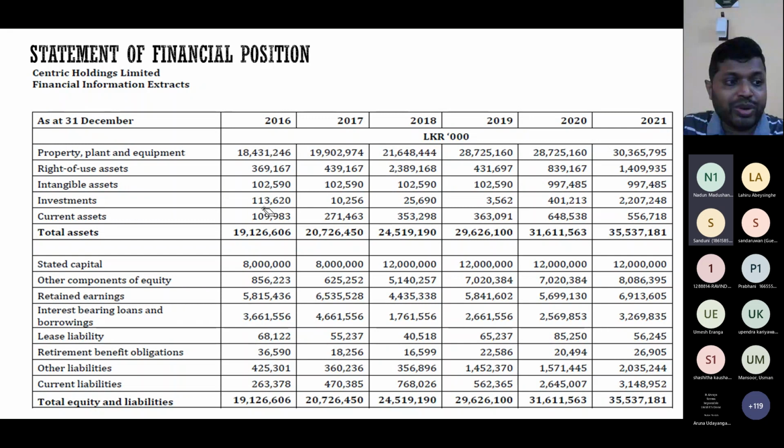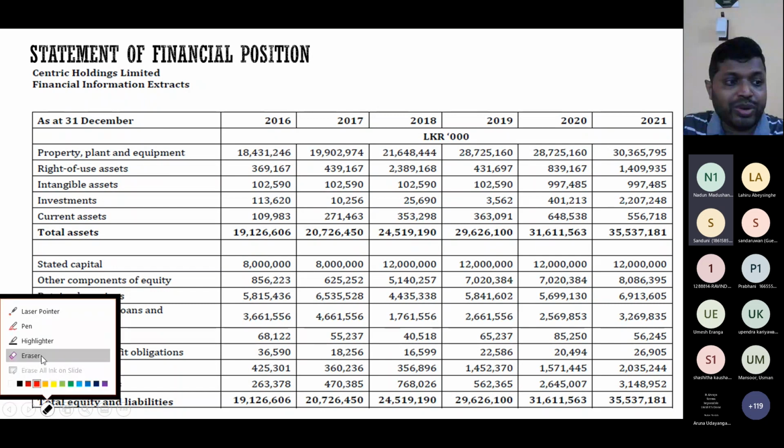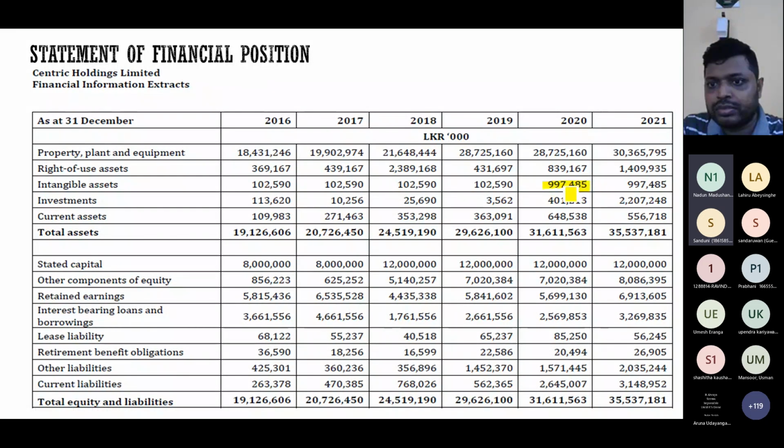Intangible assets are also there, but remember, you need to highlight why I am saying that. There is a significant increase in intangible assets, whether it is goodwill.